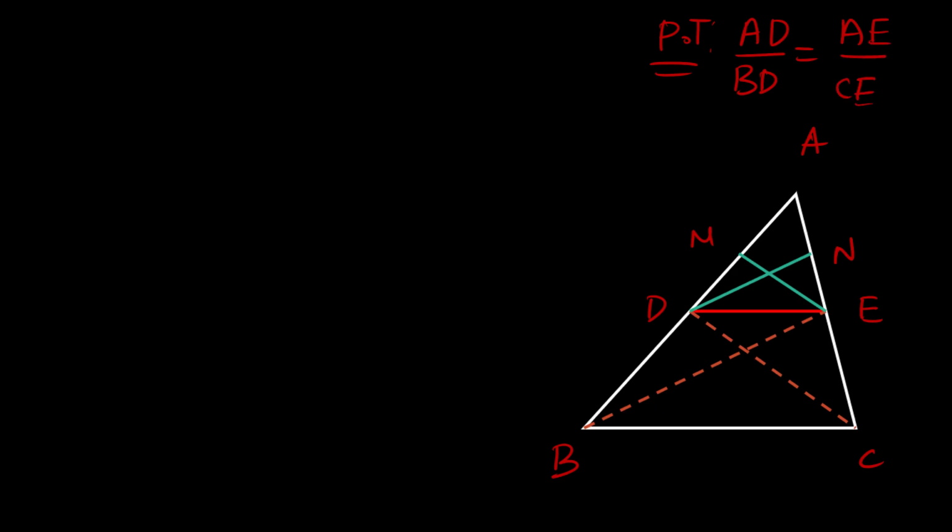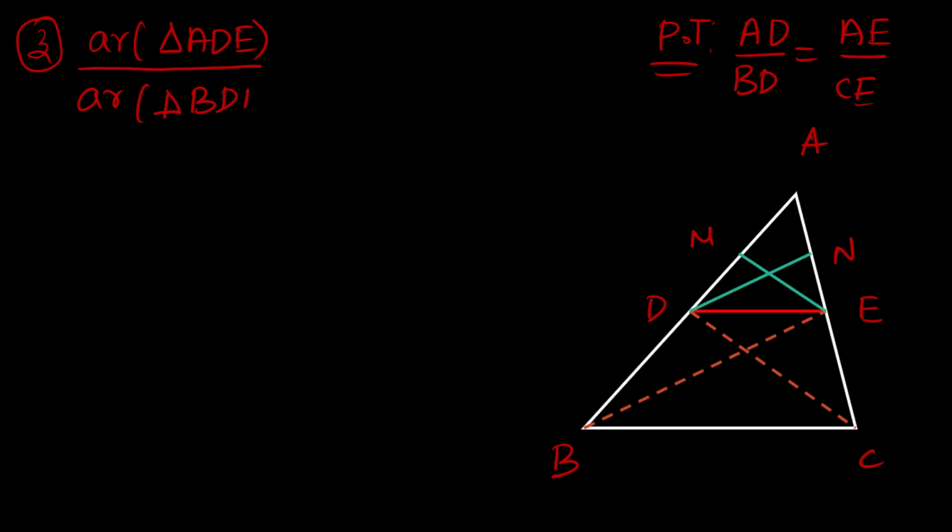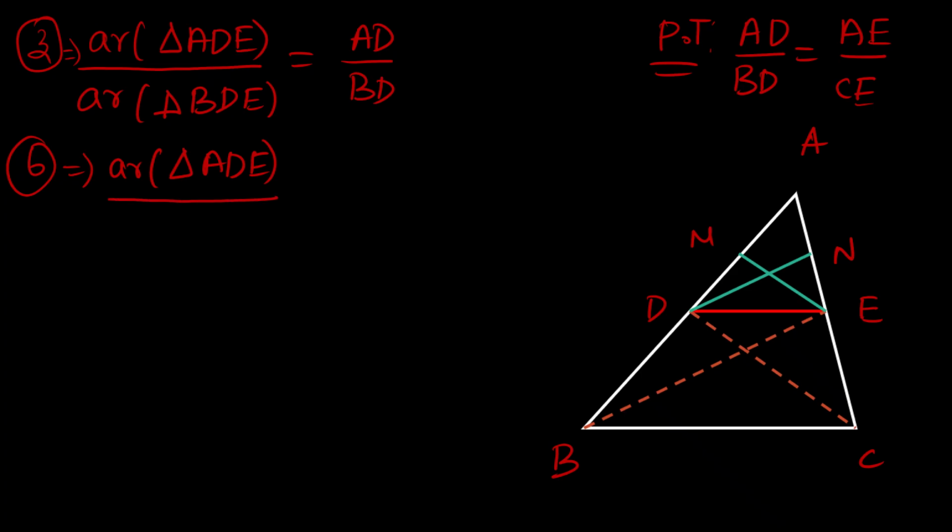From equation 3 we got area of triangle ADE by area of triangle BDE is equal to AD by BD, and in equation 6 we got area of triangle ADE by area of triangle CDE is equal to AE by CE.